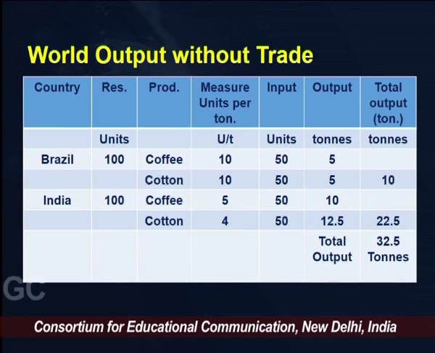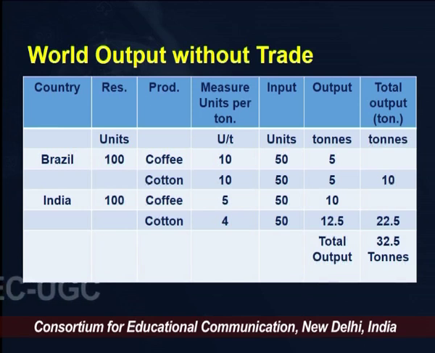So, for Brazil 50 units for coffee and 50 units for cotton, since the resource requirement is 10 units per ton for each commodity, the output will be 5 tons of coffee and 5 tons of cotton. So, the total will be 10 tons of the two products taken together.